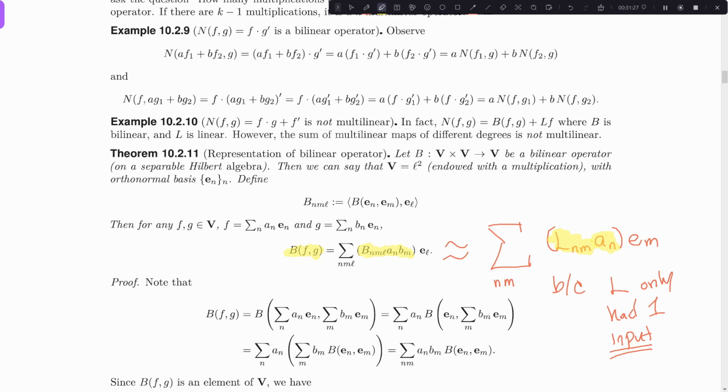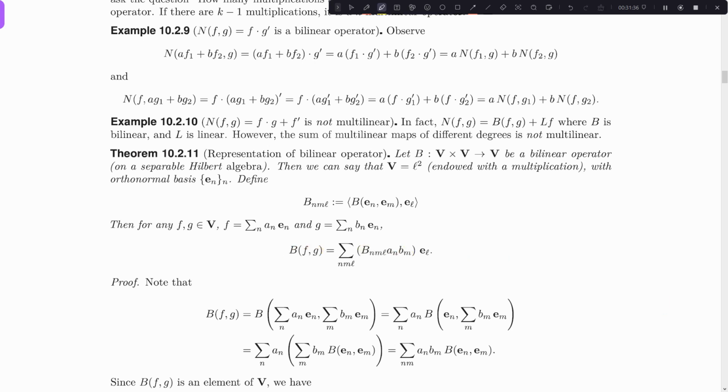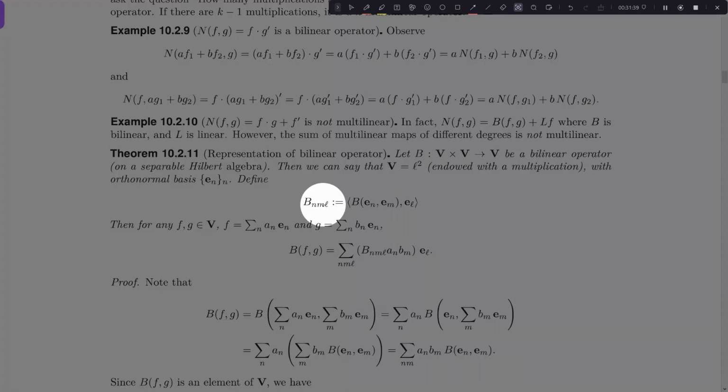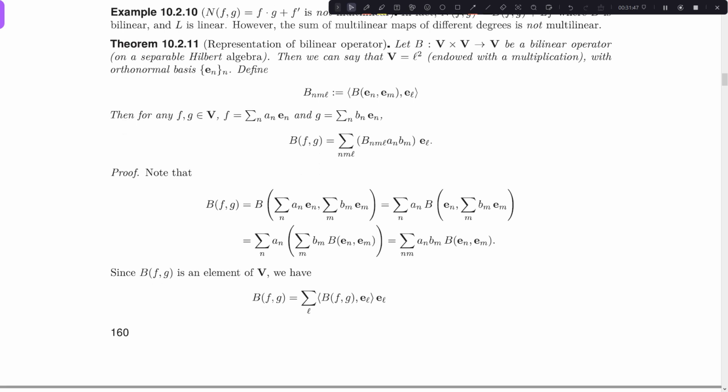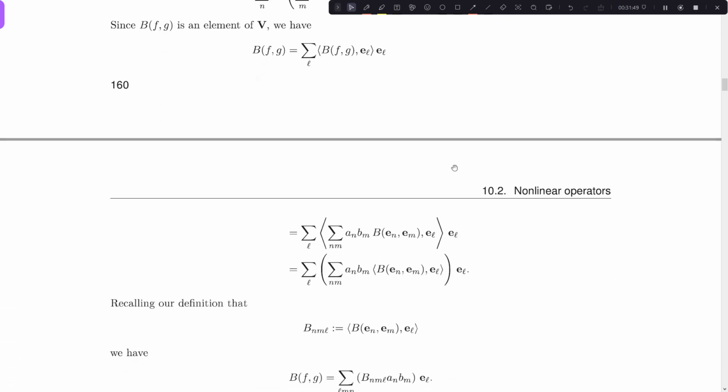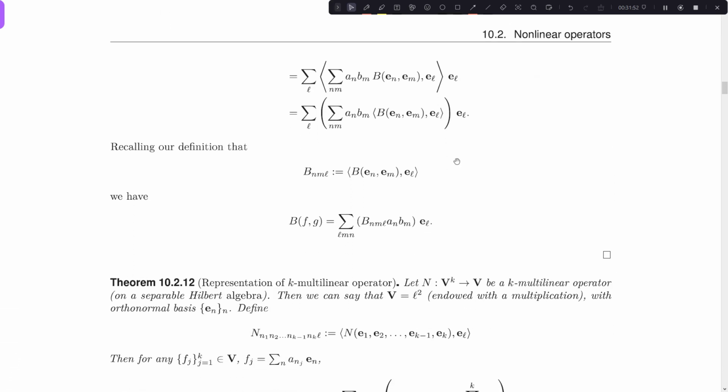And those two inputs have to get summed over, and then we're allowed to sum over the basis elements. So we're stepping up in the total number of indices that I need on my operator to represent it with respect to a basis. And there's a proof there, so you can verify that this is how we would construct it.